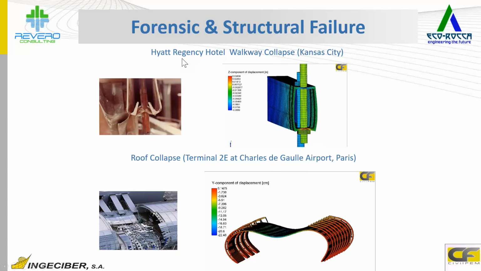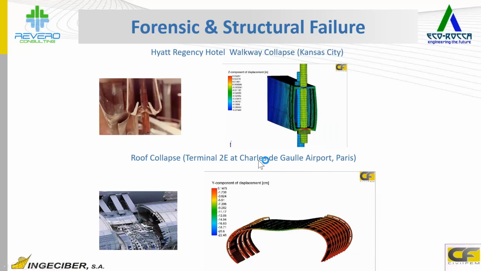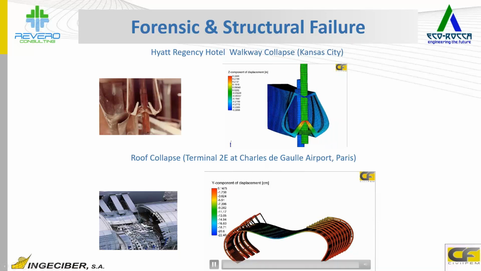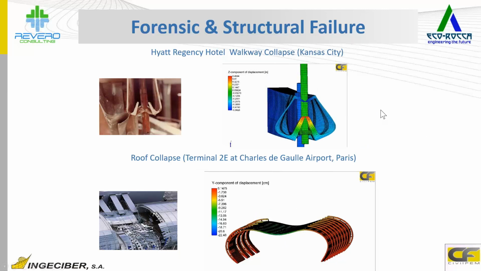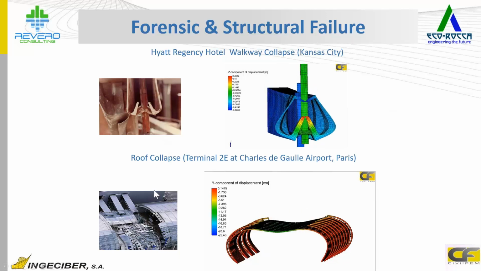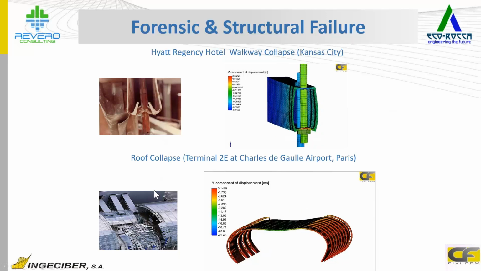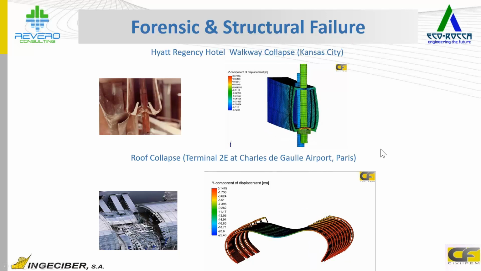Hyatt Regency Hotel, where a walkway collapsed in Kansas City, and a roof collapse at the Charles de Gaulle Airport in Paris. You can see the actual pictures of the structures which have collapsed, and also on the right side the modeling of the phenomena themselves.